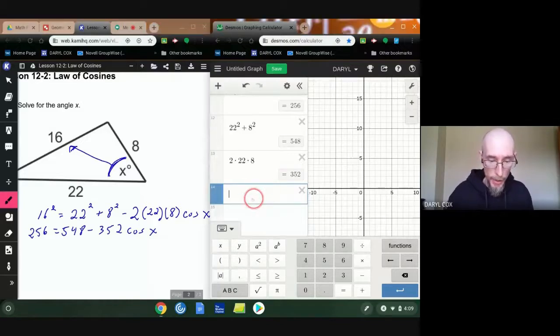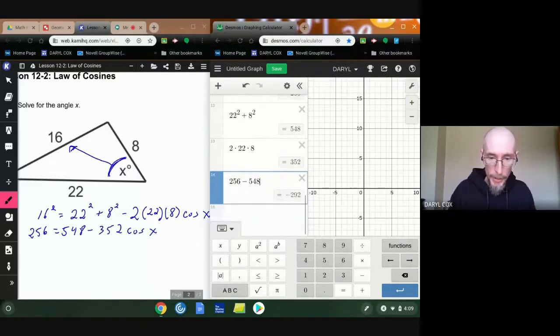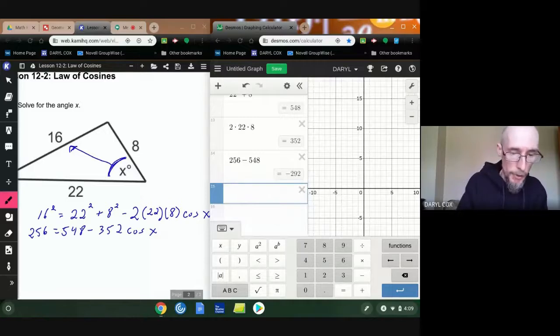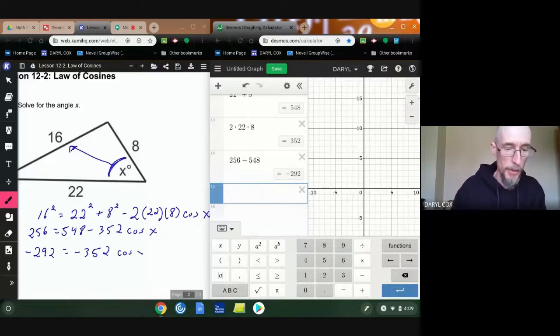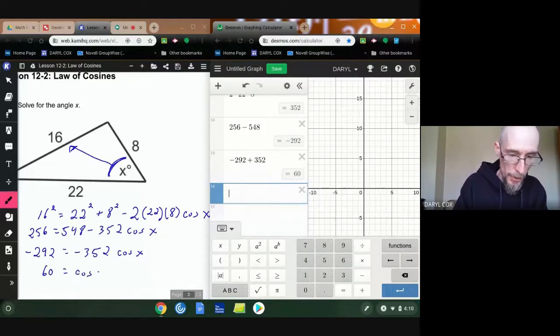So that's going to be 256 minus 548, so negative 292 equals negative 352 cosine of x. Okay, so negative 292 divided by negative 352 gives me 60 equals cosine of x. And now I just need to do x equals cosine inverse of 60.